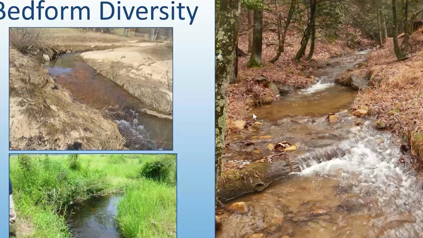And as you can see from this picture, we are going to acknowledge that bed form is very different in meandering streams and unconfined alluvial valleys with gravel bed material versus meandering streams in sand bed systems or step pool systems, so gravel cobble bed systems, but in steeper environments. So there will be stratification that happens with bed form diversity as well.